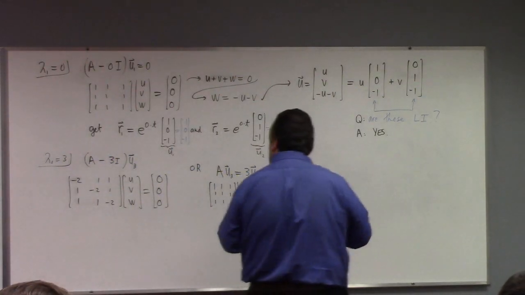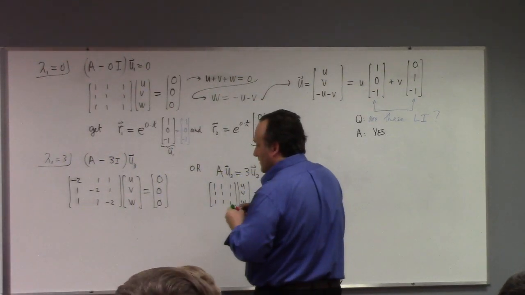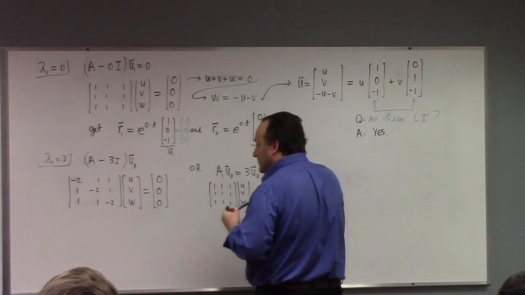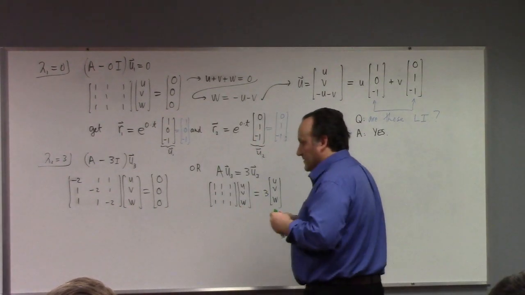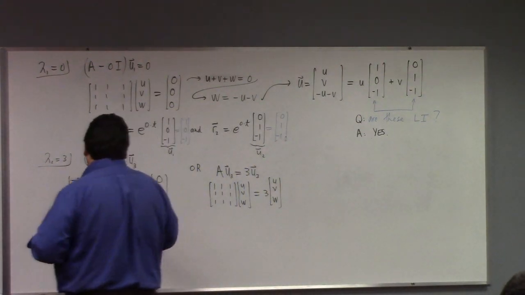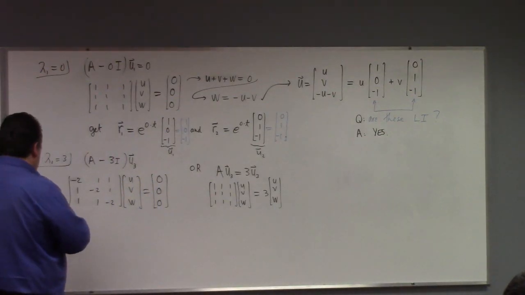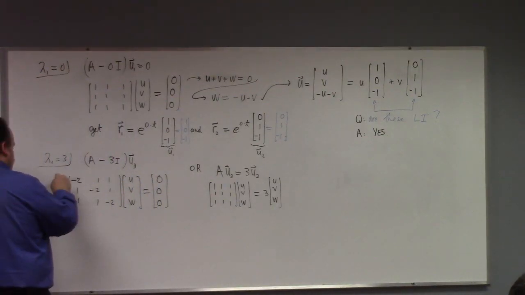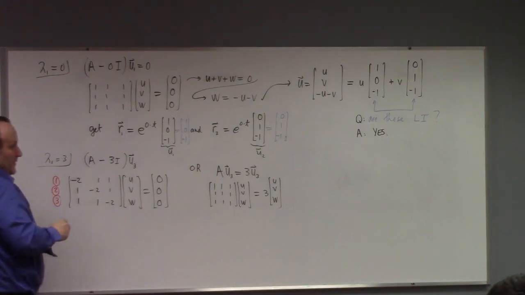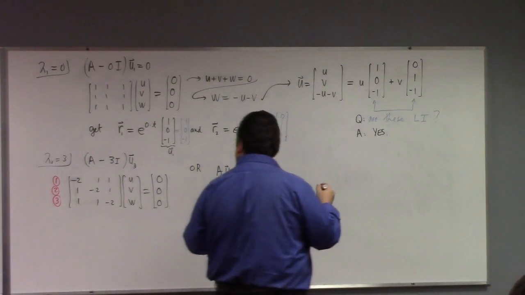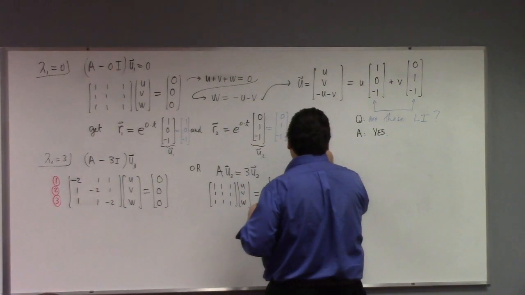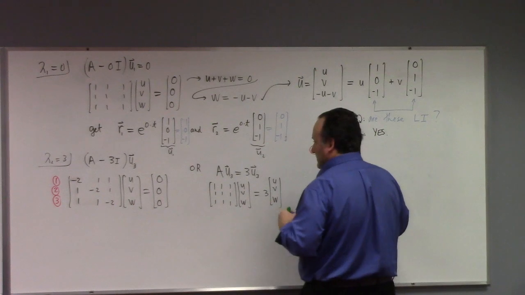So probably the best way to do the algebra like this is to do what are called row operations. But since I don't want to get into all that, let's number these equations 1, 2, and 3. And you guys tell me what happens if we take, say, equation 2 minus equation 3. What's that give us?